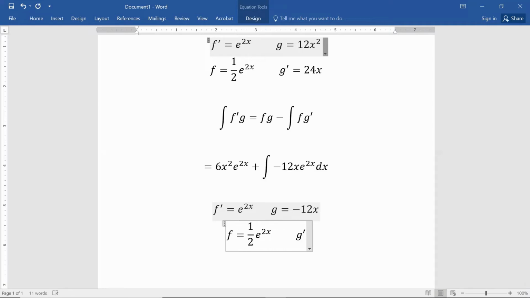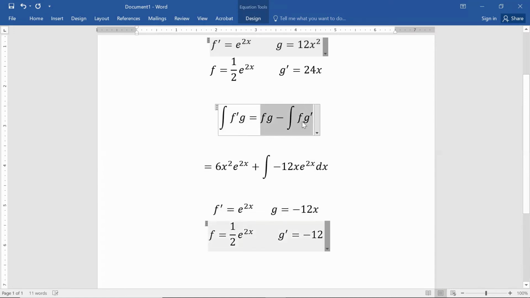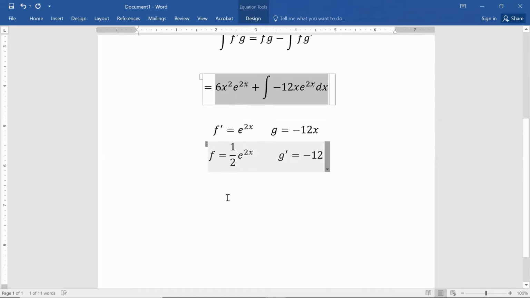G prime would have had to have been negative 12. Now, when I'm doing my integration by parts here, this fg minus integration is just replacing the integration component here. The 6x squared e to the 2x is going to maintain its role in front.